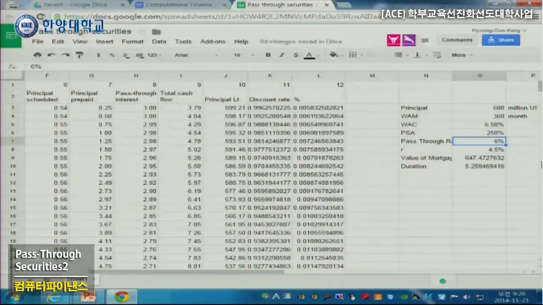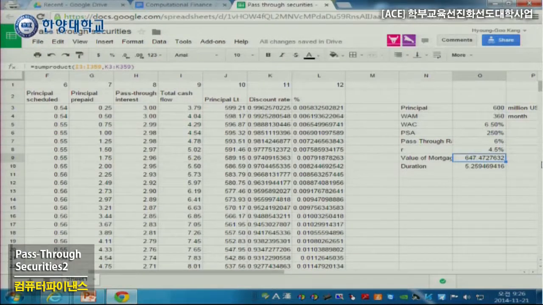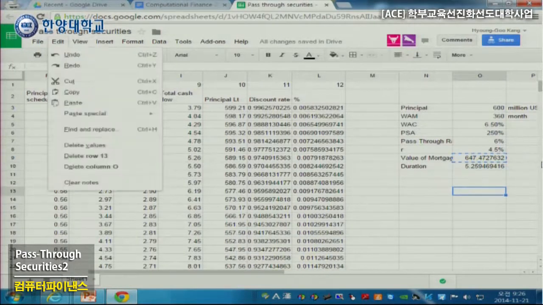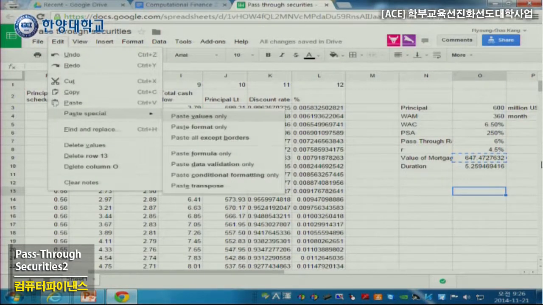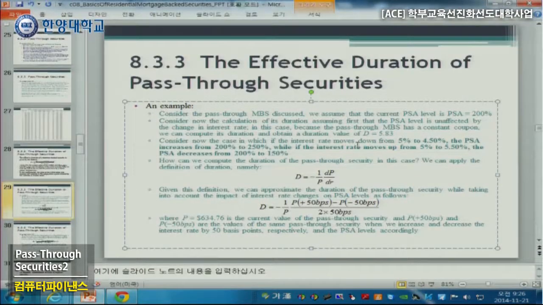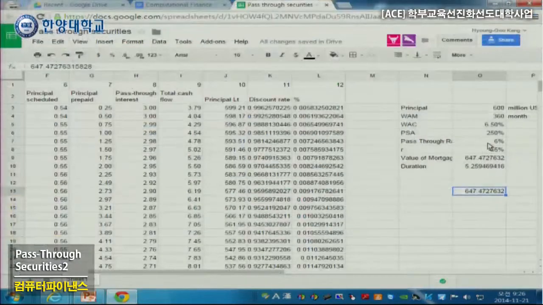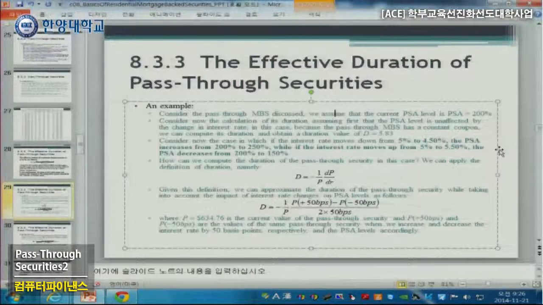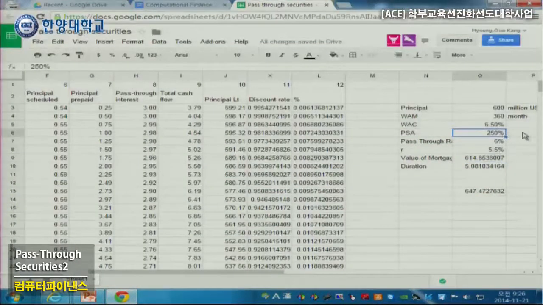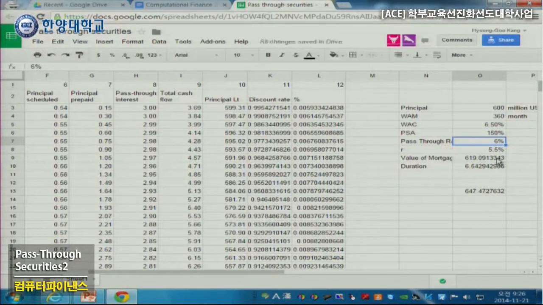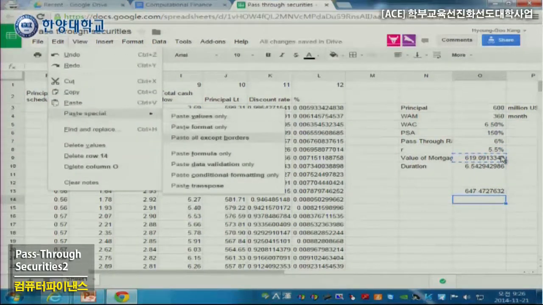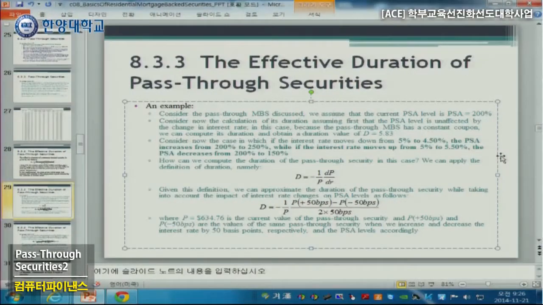Okay, then the value of the mortgage is this one. Let me copy and paste this one. Value only. And then now, if interest moves up to 5.5, the PSA decreases to 150. And then the value of the mortgage is this one. Right, value of this one.